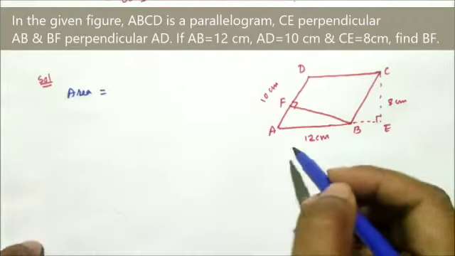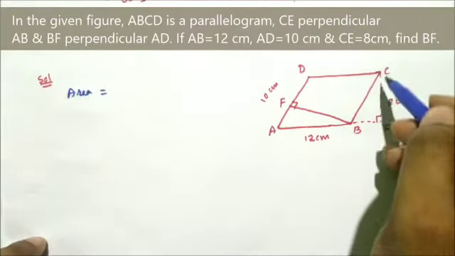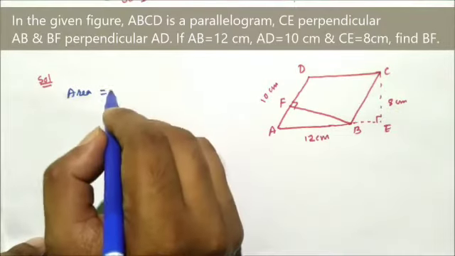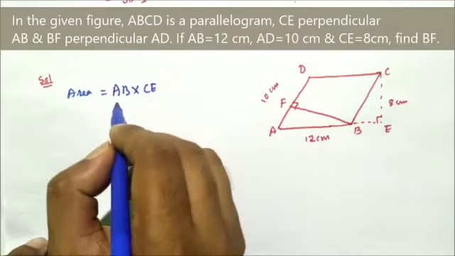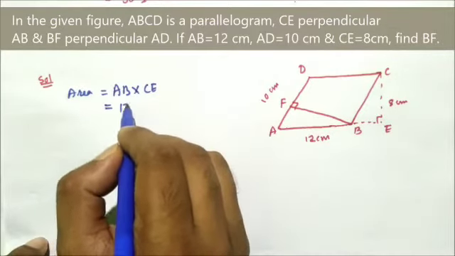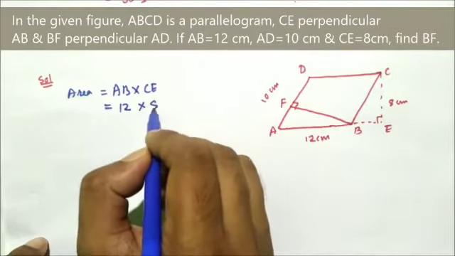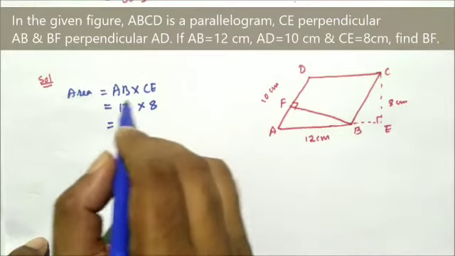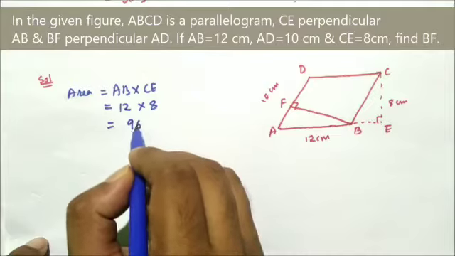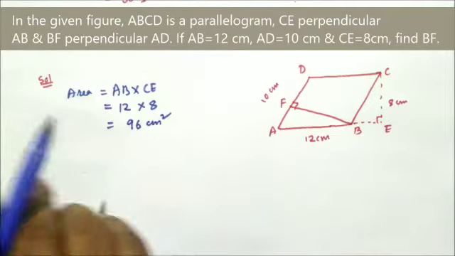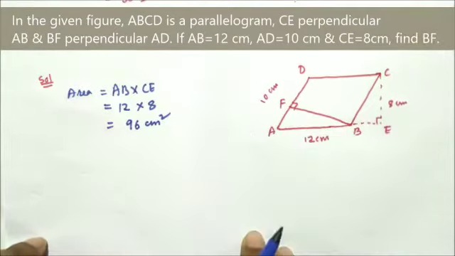So AB is the base and the altitude, or height, is CE. So I'm writing AB into CE, and AB was given as 12 centimeter and CE was given as 8 centimeter. So 8 12s are 96. So 96 square centimeter is the area of this figure.